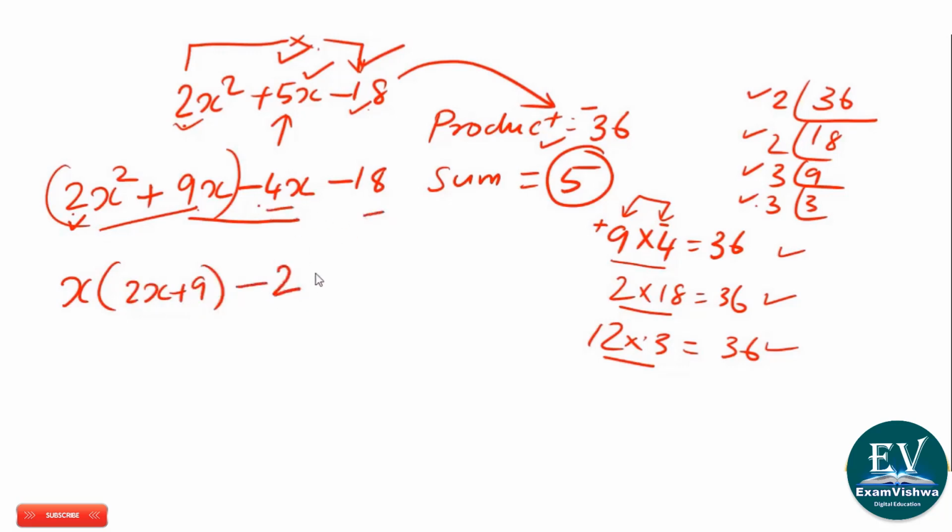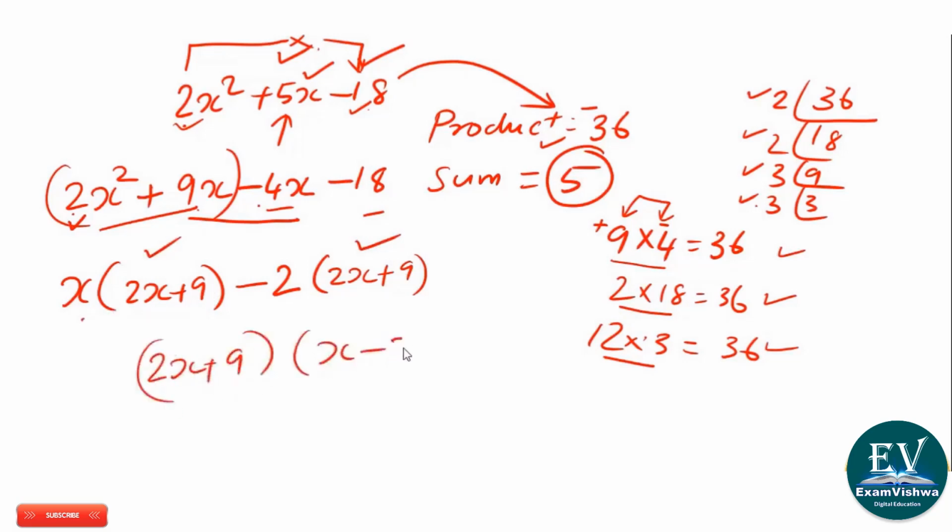It is 2 common here, and again 2x plus 9 will be inside. So thereby we get 2x plus 9 and x minus 2. We will write the factors as (2x plus 9) into (x minus 2) as factors of this particular algebraic expression.